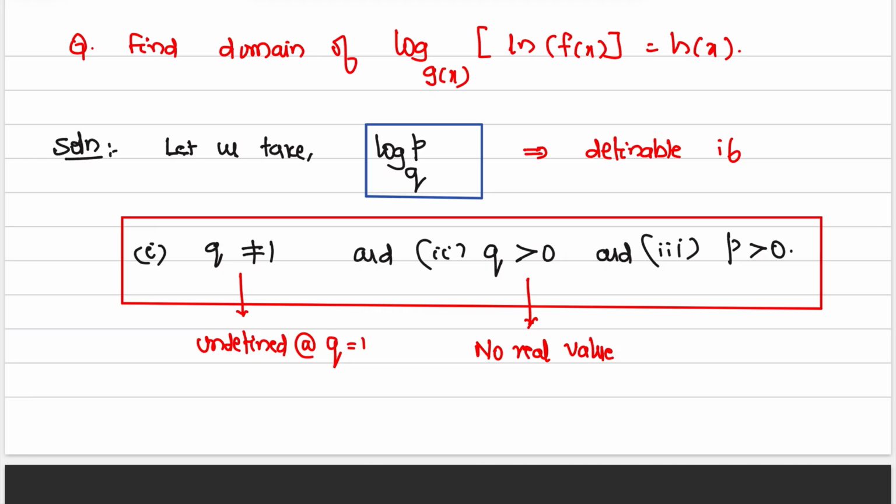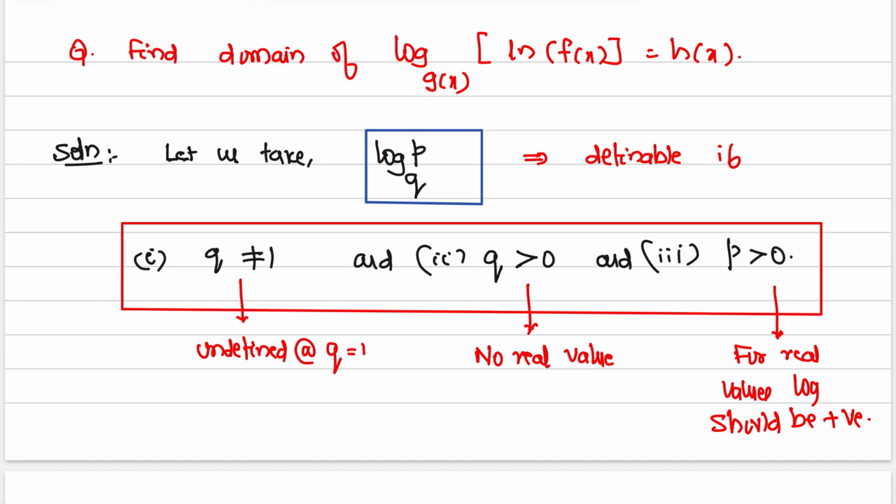And why should p be greater than 0? Because for real values, when we talk about the values on the real line, the argument should be positive. These are the three conditions which are to be fulfilled for defining a logarithm on a real line.